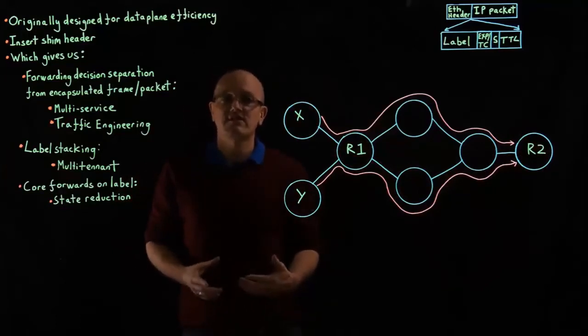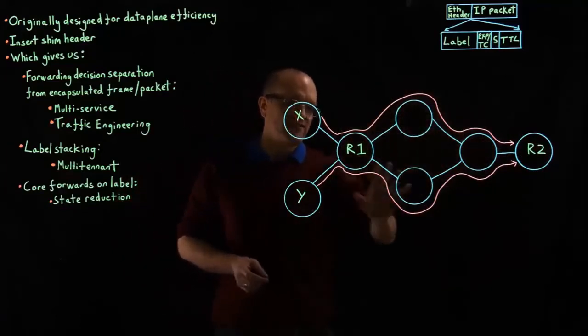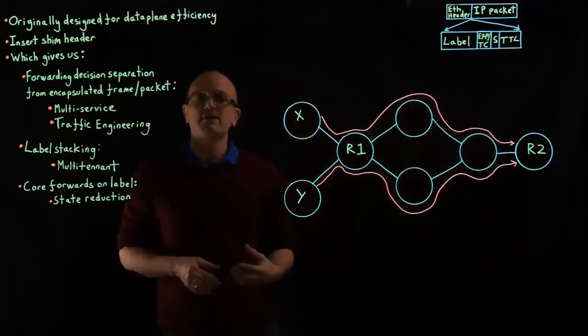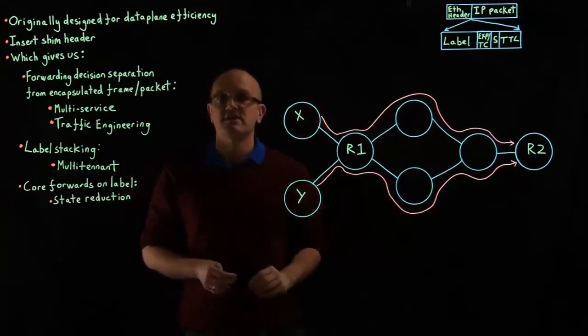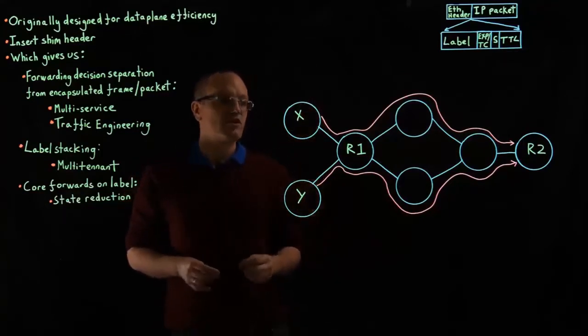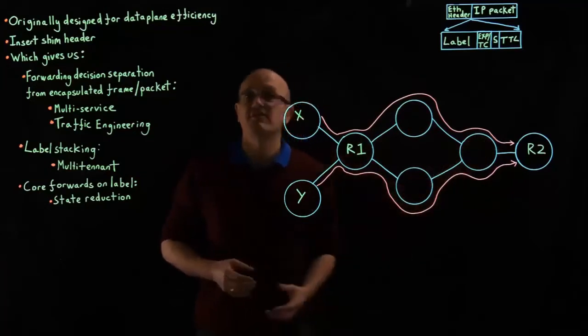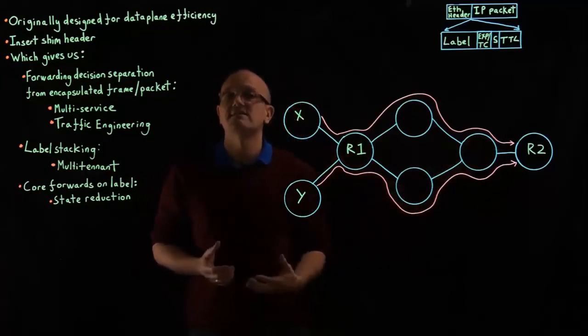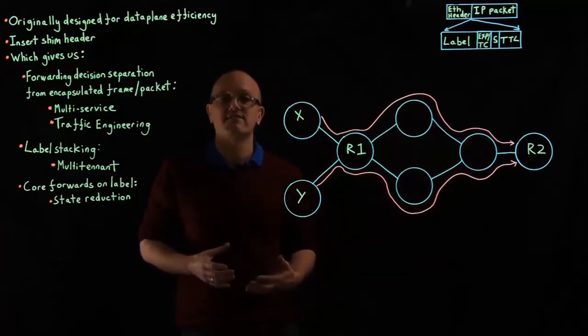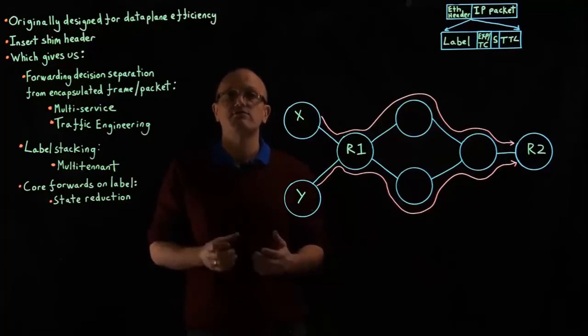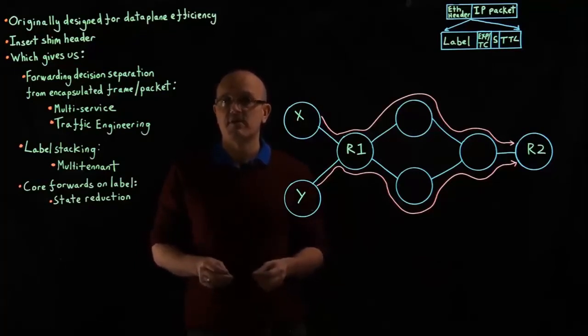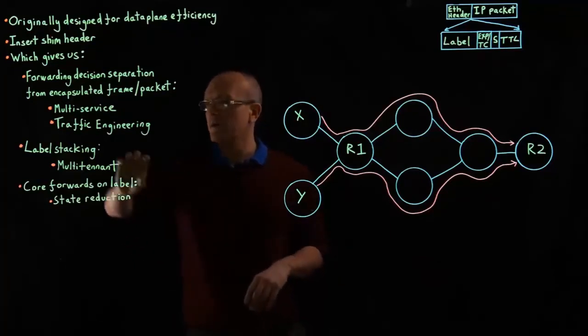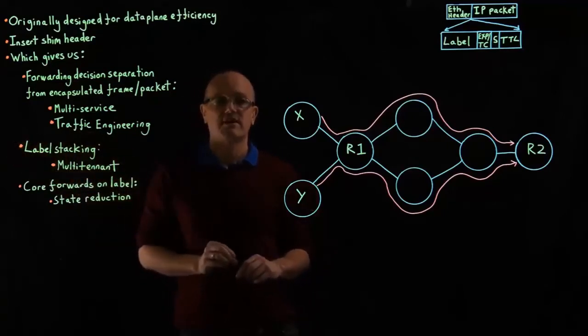And this gives us things like bandwidth efficiency gains in the network, and it means that we can pin different services that have different requirements to links that have different physical characteristics, things like latency and the amount of capacity that they have available. We've talked a little bit about it previously, but with the MPLS header we can also support label stacking.